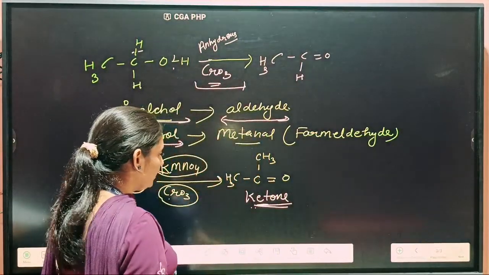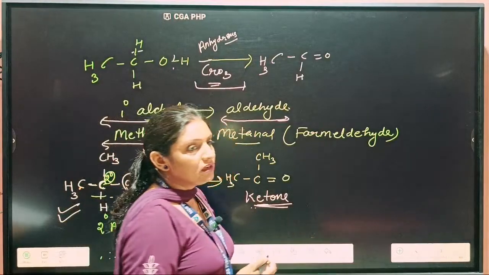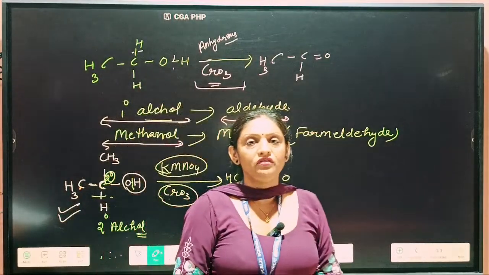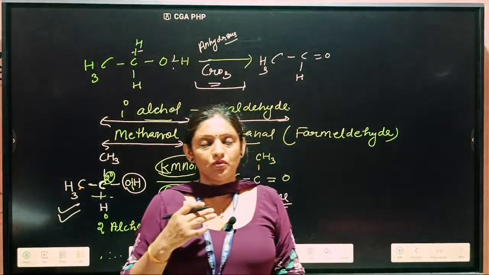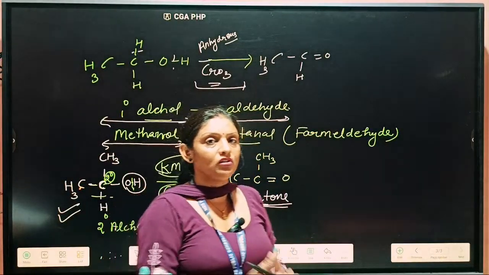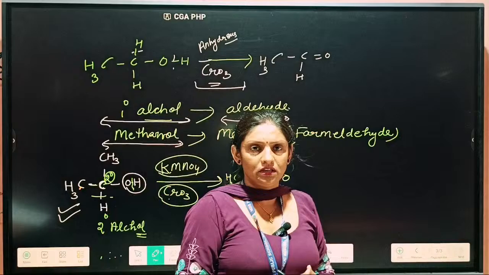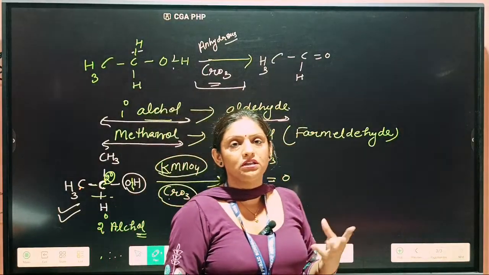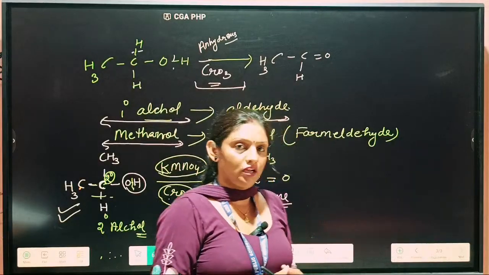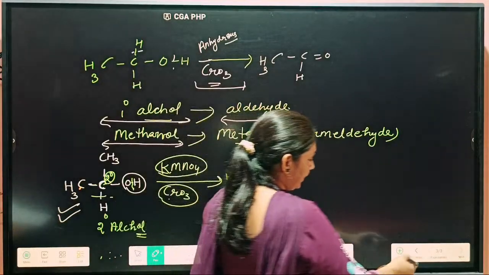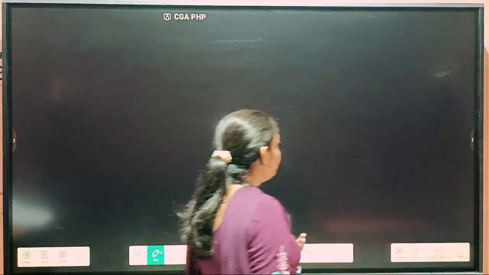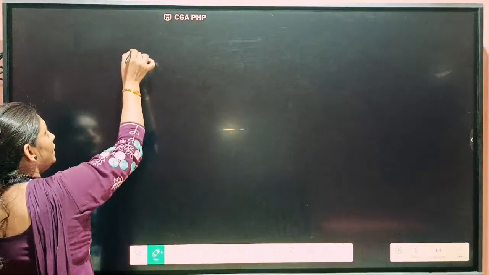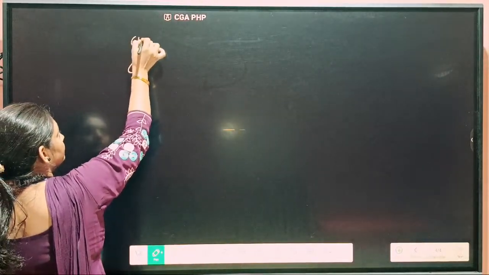But if we have tertiary alcohol, students, tertiary alcohol does not give the reaction, does not undergo oxidation or dehydrogenation in simple conditions. The reaction can take place in drastic conditions, otherwise in simple conditions the reaction does not take place.